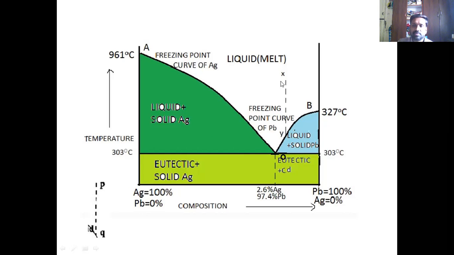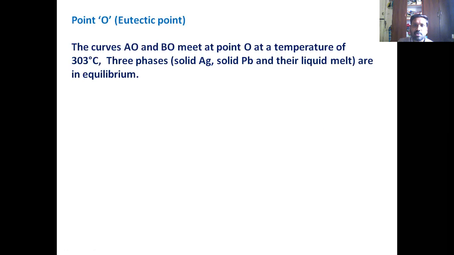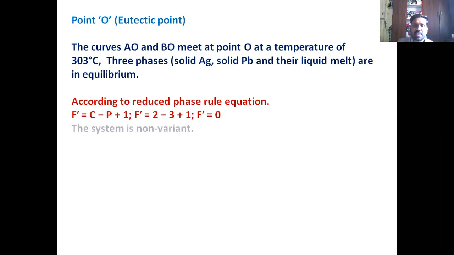Liquid, one phase; solid Ag, the other phase; solid Pb, the third phase. Therefore, the number of phases becomes 3, F is equal to 0. As usual, it is non-variant. A similar result was obtained for the triple points of the water and sulfur systems also. They were also non-variant.